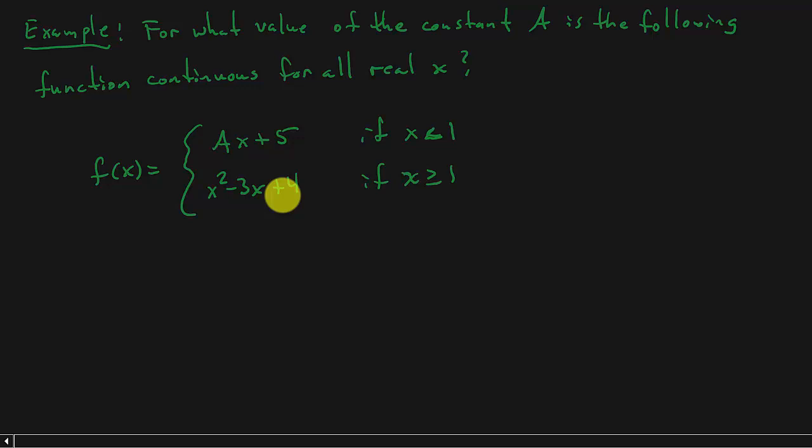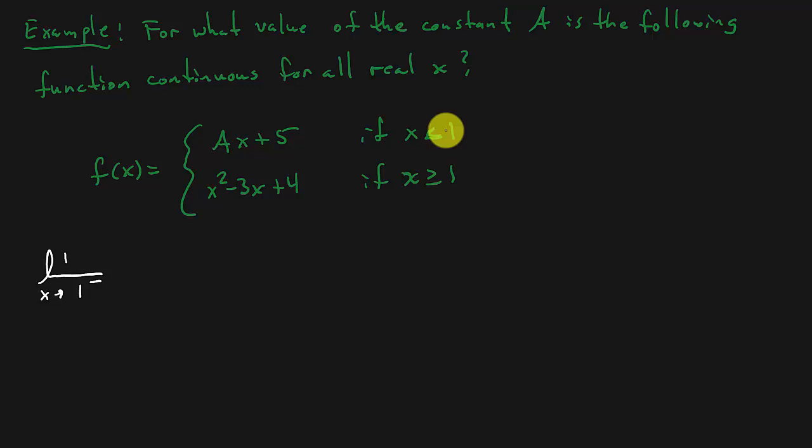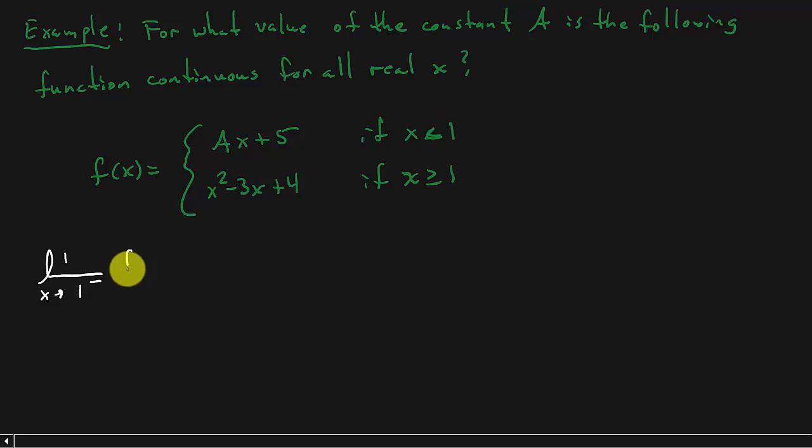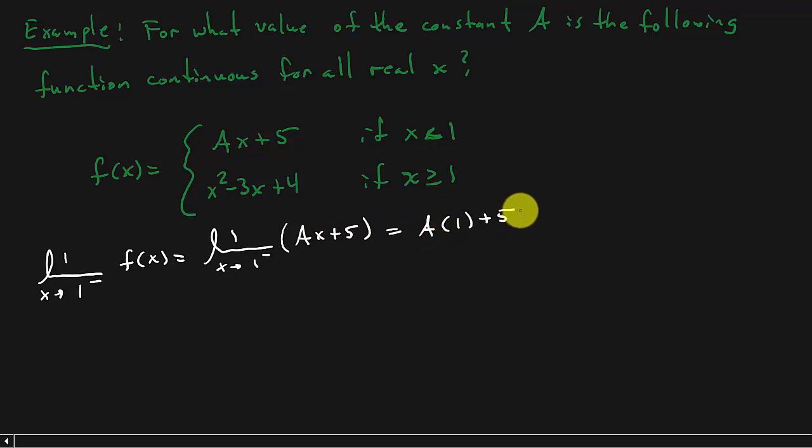Okay, so if we do the limit as x approaches 1 from the left, and we're going to choose 1 to check it because that's where this function is broken apart. So the limit as x approaches 1 from the left of f of x is ax plus 5, which is a times 1 plus 5, which is a plus 5.